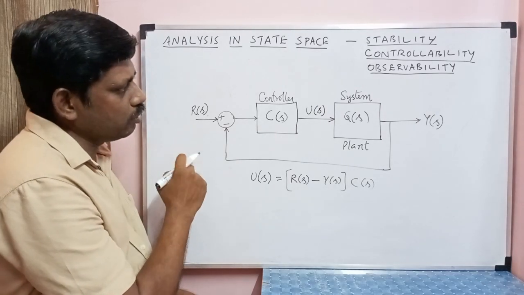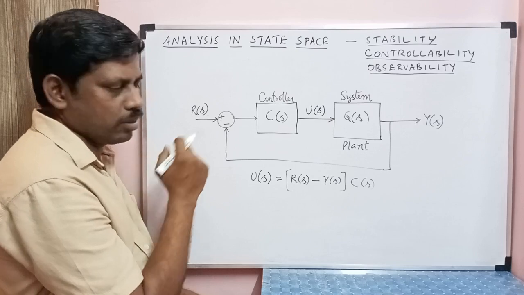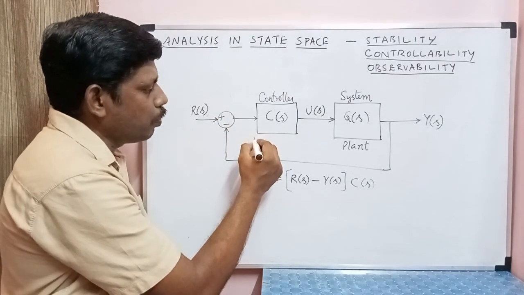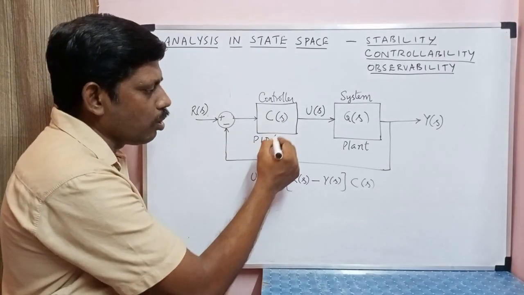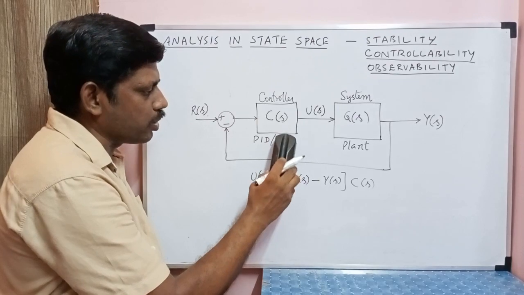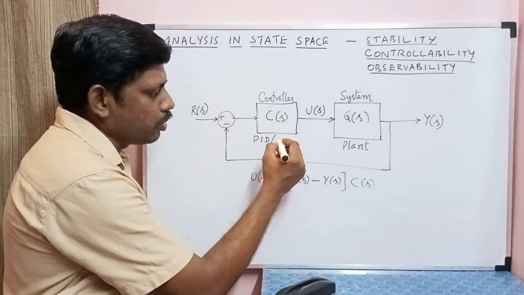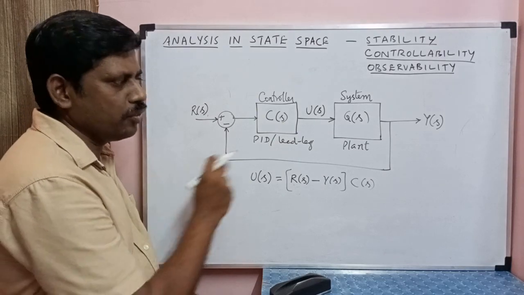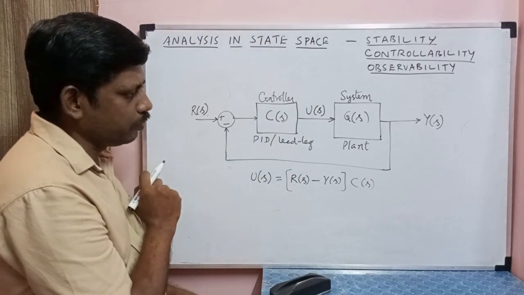We have heard about different kinds of controllers. Some of the controllers you might be familiar with are the PID controller or compensators, that is lead lag compensators. So they fall into this category. There is another way of manipulating this input also.